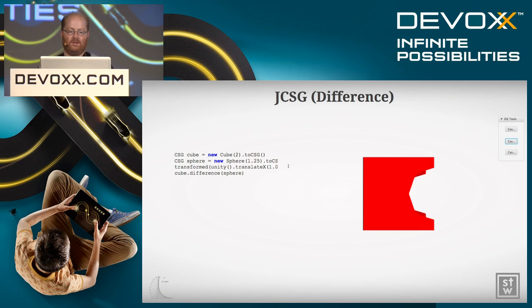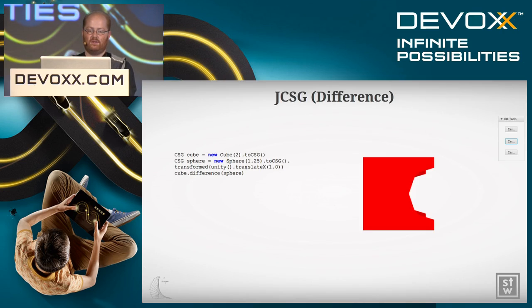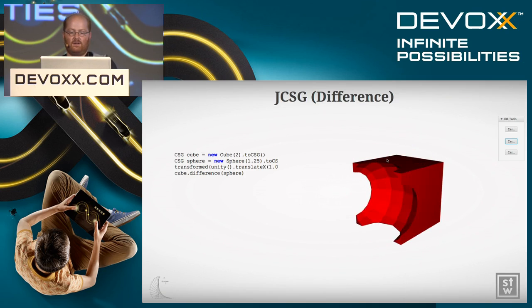Another example, so we shift it again. We use the translate X again, and then we get an object like that. All that is done in JavaFX, and I use Groovy for compiling that code on the fly.